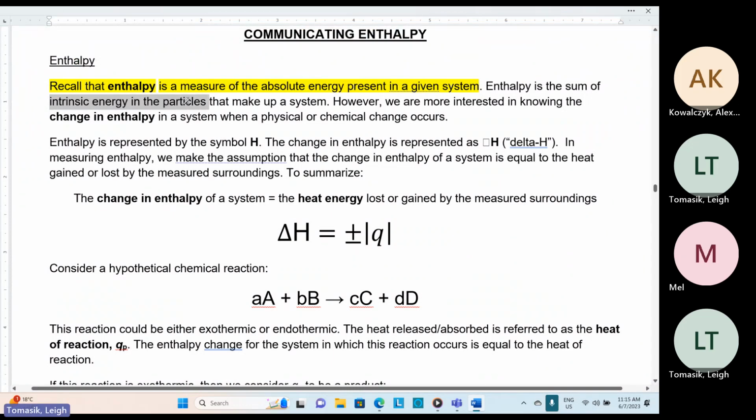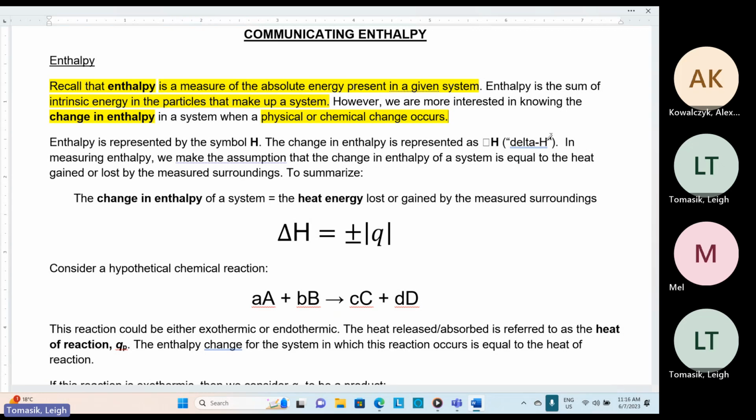Intrinsic energy in the particles that make up a system, and that includes both kinetic and potential energy. However, we are more interested in knowing the change in enthalpy in a system when a physical or chemical change occurs.